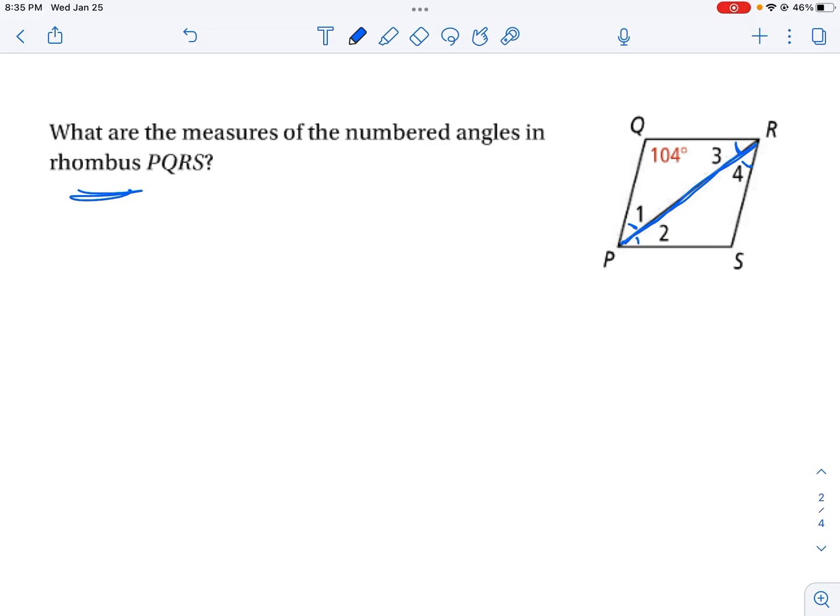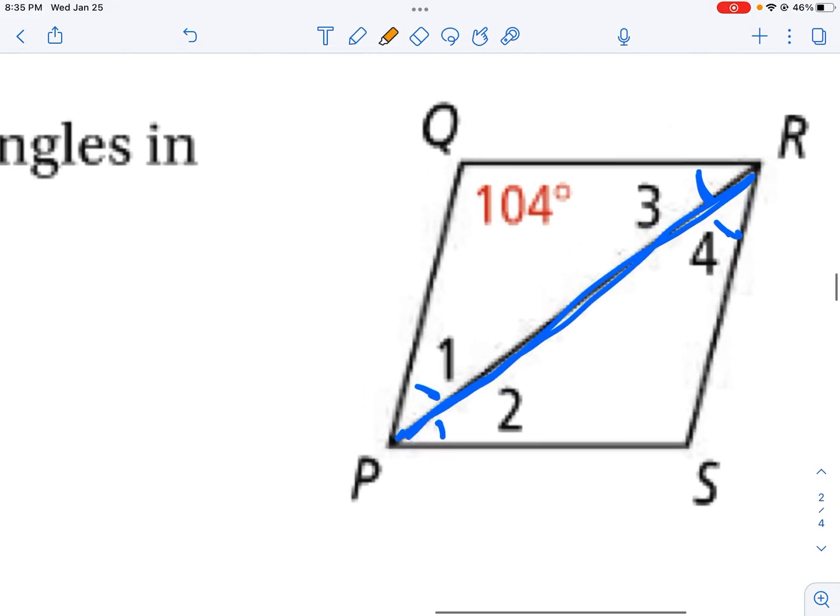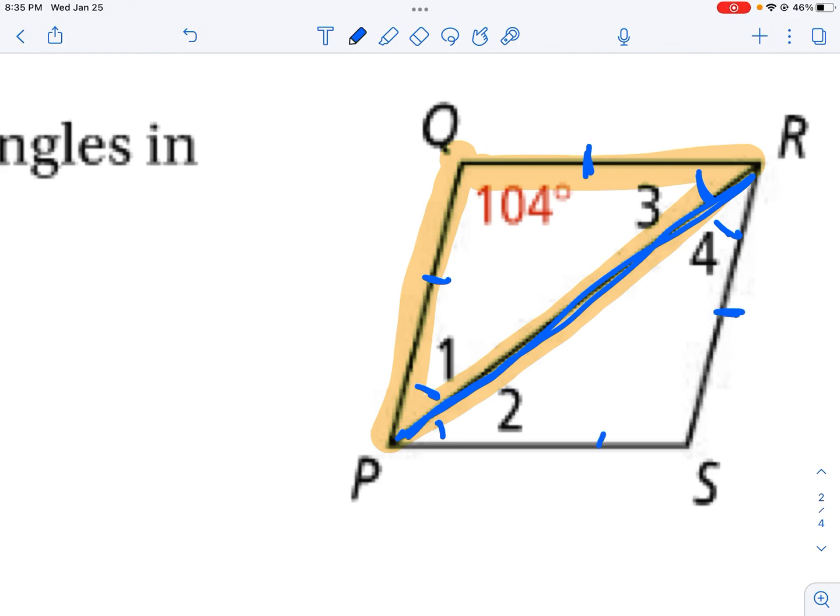So that makes this triangle an isosceles triangle, which means that angles 1 and 3 are the exact same measurement.